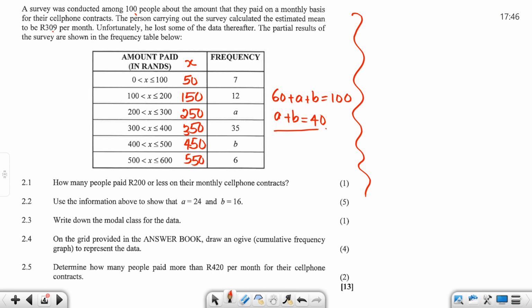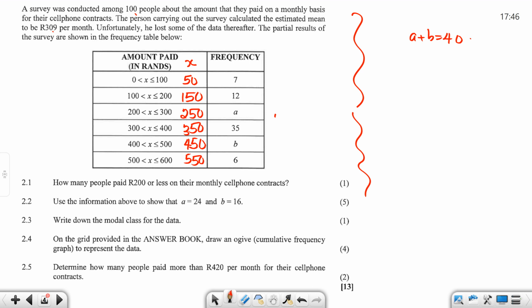That's what we need to go and figure out now. And this time around, we cannot use our calculators directly because we don't even know what A and B is. But we know that the mean, check this. This is the frequency. Now, I need to teach you how to walk through it manually. So already we said A plus B equals to 40. We all okay there?